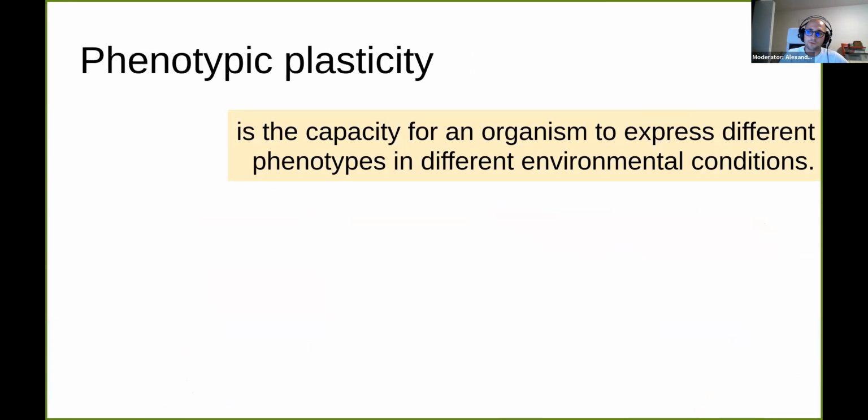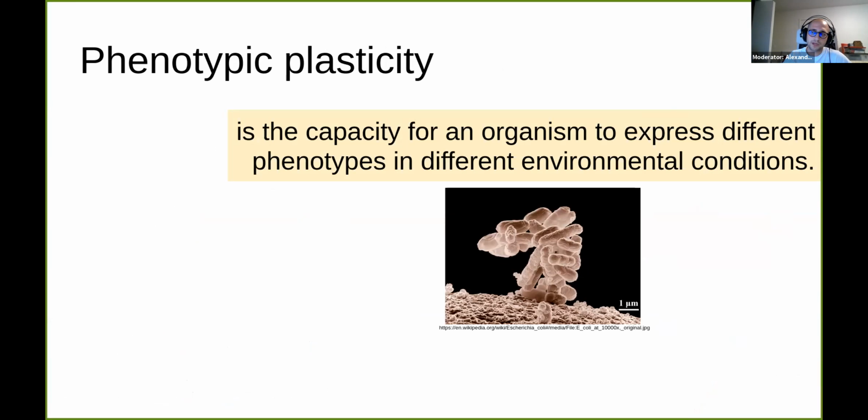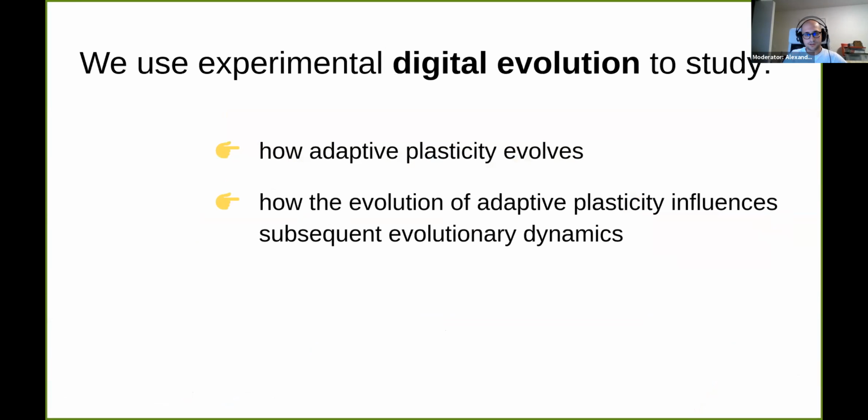And so, a little bit more formally, phenotypic plasticity is the capacity for an organism to express different phenotypes in different environmental conditions. This is the mechanism that E. coli use to survive in the presence or the absence of oxygen by plastically switching their metabolism from aerobic to anaerobic.